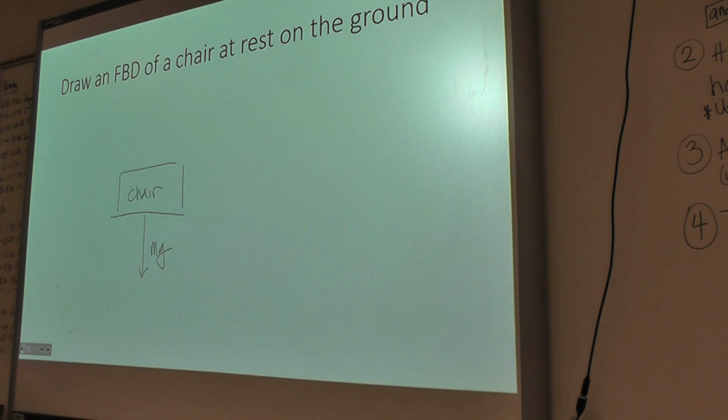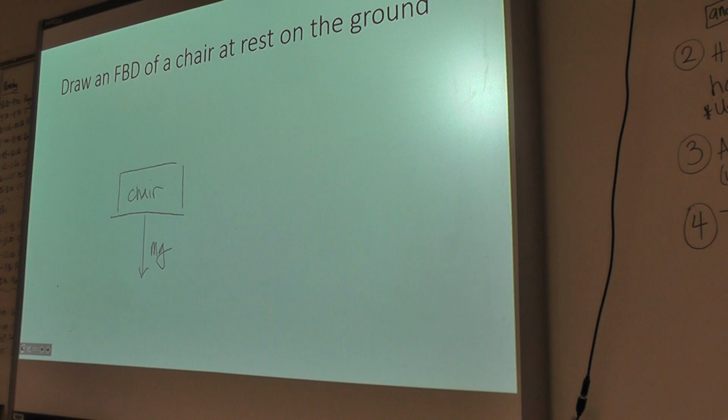And when we talk about objects at rest, we generally are implying for more than an instant. Okay, so in this case, a chair at rest on the ground doesn't mean that we looked at it at a single timeless instant and it was at rest and then it started moving. What we mean is it's not moving for some period of time. We're observing it, okay?